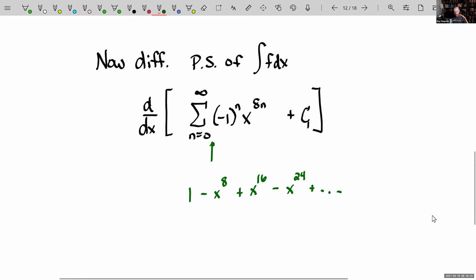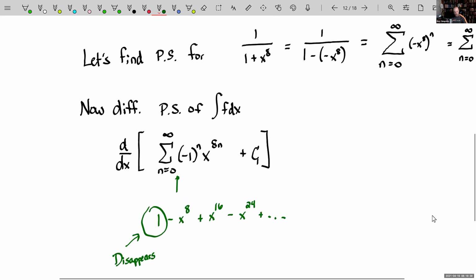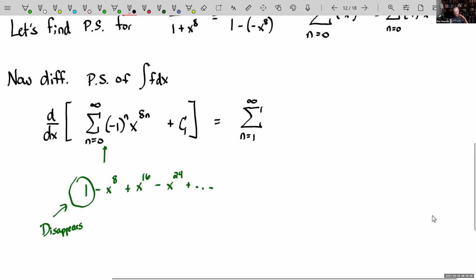So we will worry about reindexing here, because when you take the derivative, this disappears. And so we are going to have to reindex this one. So this will be the summation n equals 1, because the very 0th term disappears, to infinity.